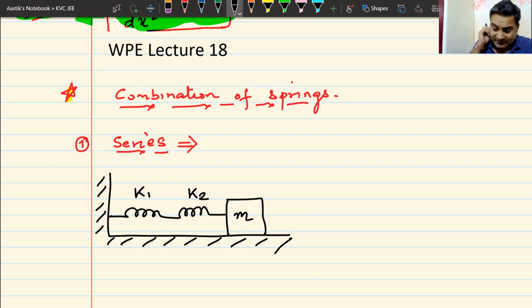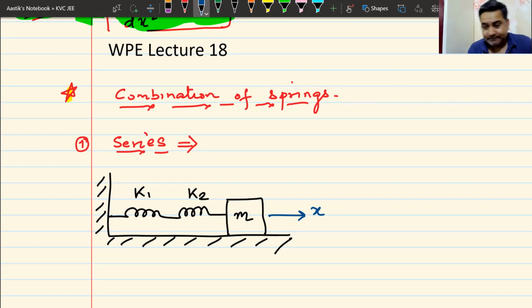Now, what is the special thing that you must remember about this? For example, if I move this block by an amount x, I will ask you a question now. What do you think will be the extension in both the springs? Will it be same as x or will it be different? Two springs attached to a block and I'm moving the block by x. Can you tell me what will be the extension in the spring? Will it be x or will it be different than x?